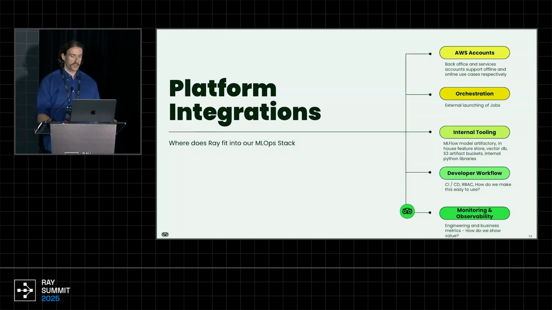We have a number of orchestration tools dealing with anything DAG-based, anywhere from your more traditional data ETL tooling to model training and deployment pipelines as well. We have a significant amount of internal tooling, anywhere from our MLflow model artifactory to our in-house feature store, vector databases, S3 buckets, and internal Python libraries.